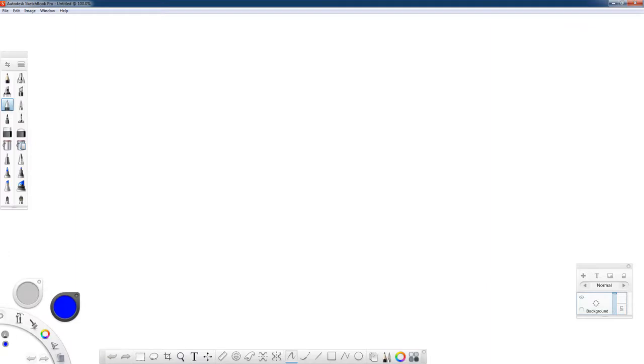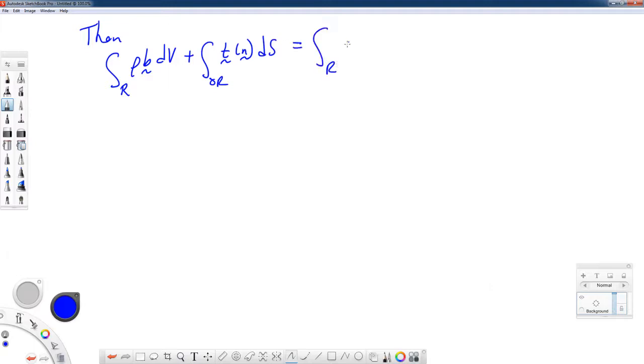Alright, so where are we going with this? Well, let's go back and look at our equation. We have a volume integral of rho b dv plus a surface integral of our tractions equal to a volume integral of our acceleration, our ma term.